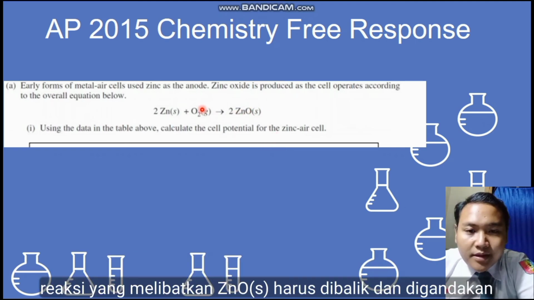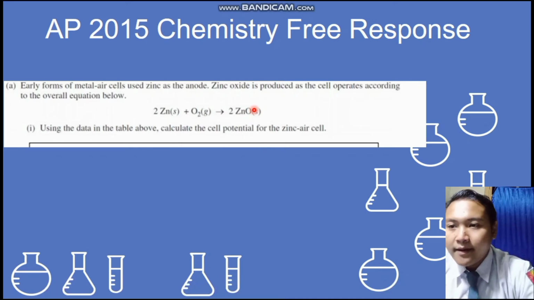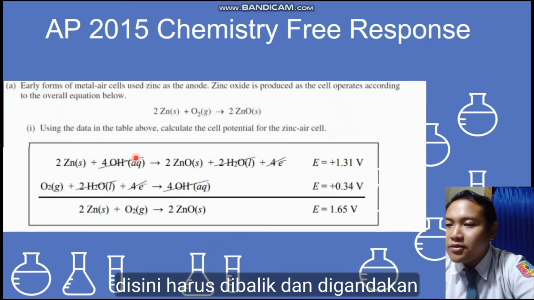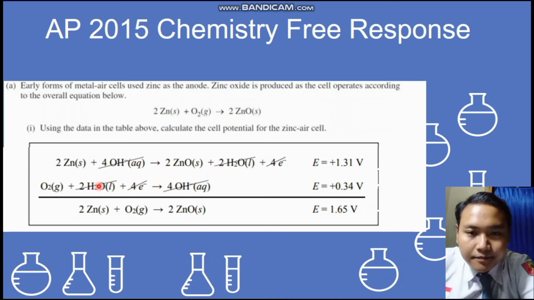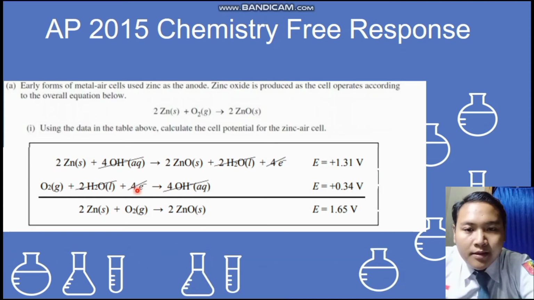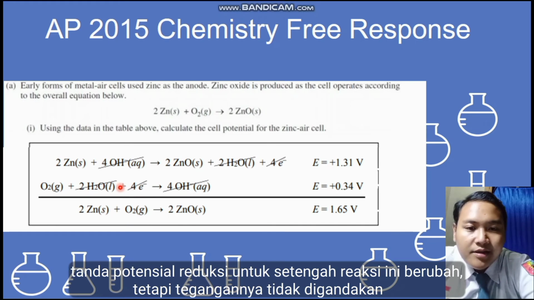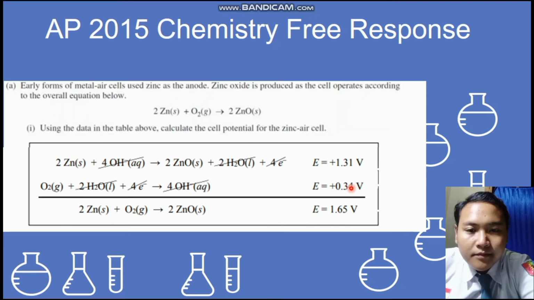The reaction involving zinc should be reversed and multiplied by 2. The sign of the reduction potential for the half reaction is changed, but the voltage is not doubled. The voltage, see, is not doubled.